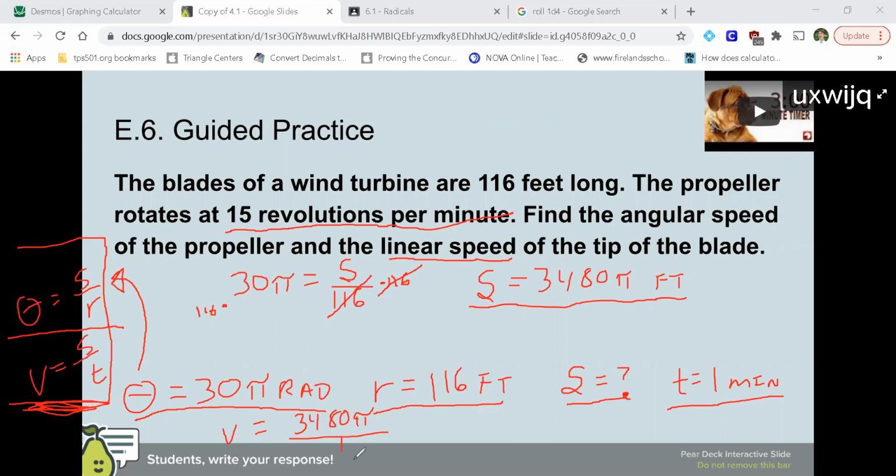We don't even have to do any more. 3,480 pi divided by 1 is 3,480 pi feet per minute. Or if you wanted to find the decimal, if you actually multiply by pi, you get 10,932.742 feet per minute.